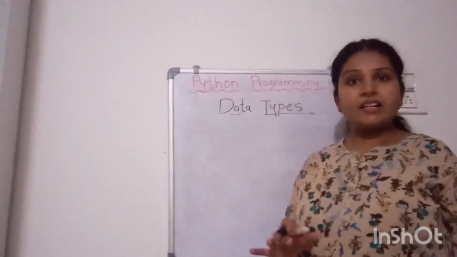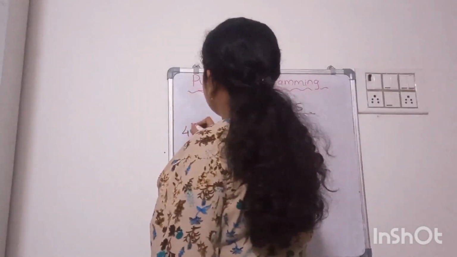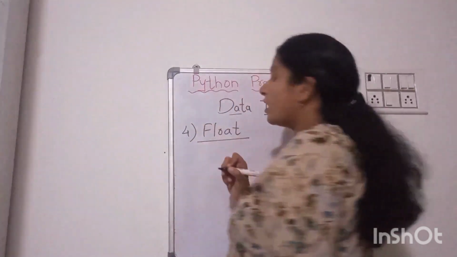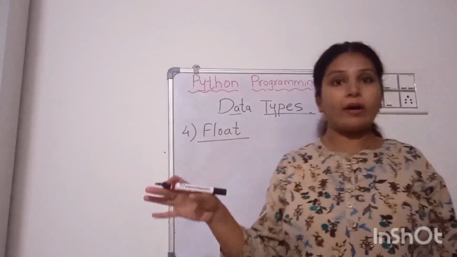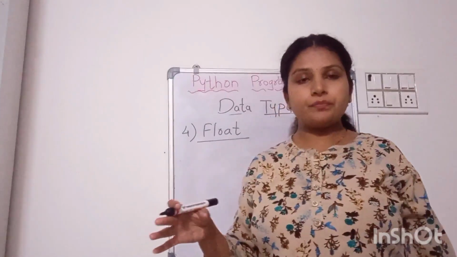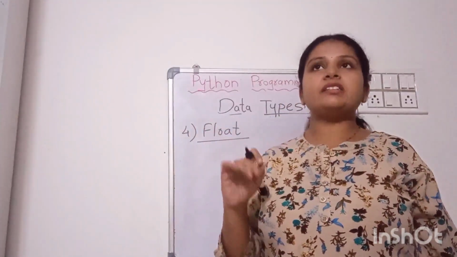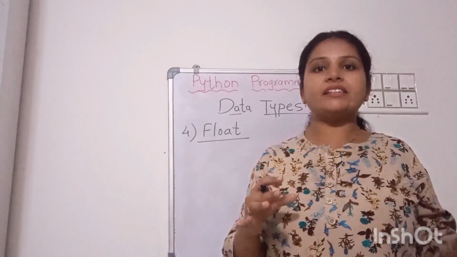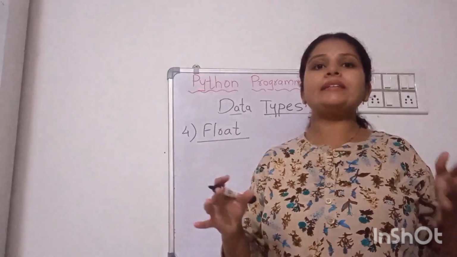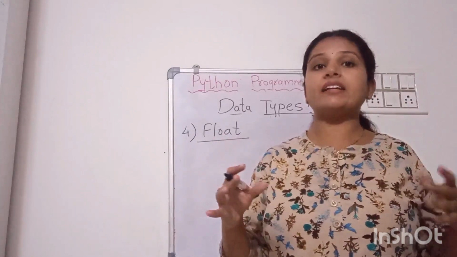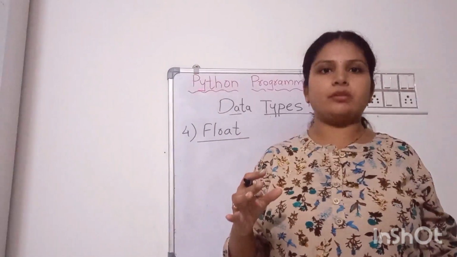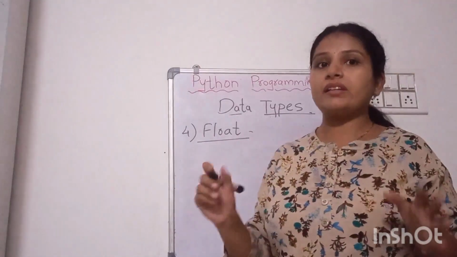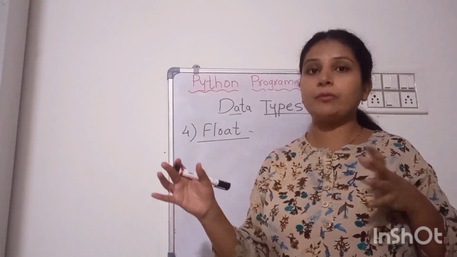The fourth data type is float. Have you heard the term floating point or decimal point? That is the float. See, sometimes when you need to put the number in decimal form, then you can't declare the number as an integer, because whenever you are considering the integer number, that will be the whole number without a decimal point.